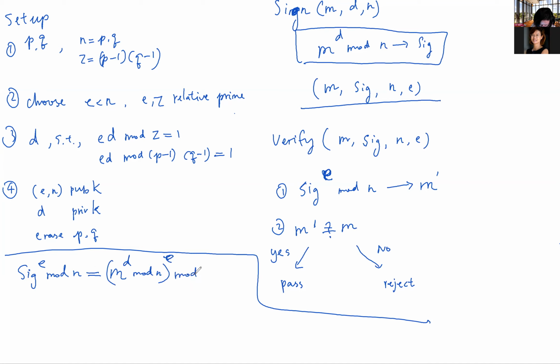And then you get into the M^(DE) situation as before, right? And before, we said that ED has this special property, based on how it's picked and the fact that it's congruent to 1 modulo the totient function. And so this goes back to M mod N. So it works, the correctness checks out.